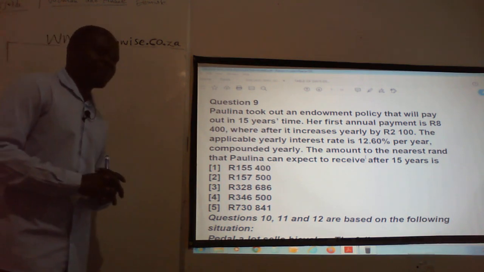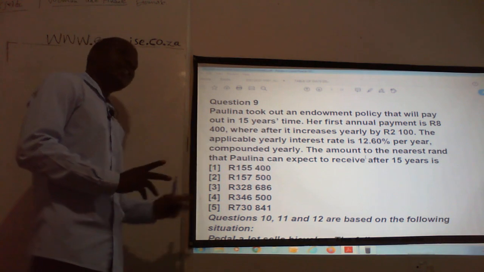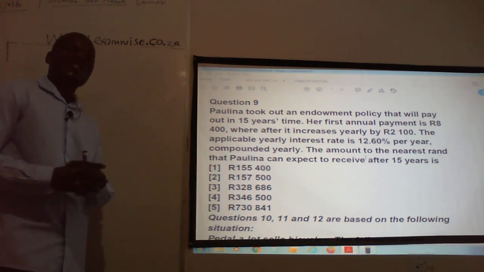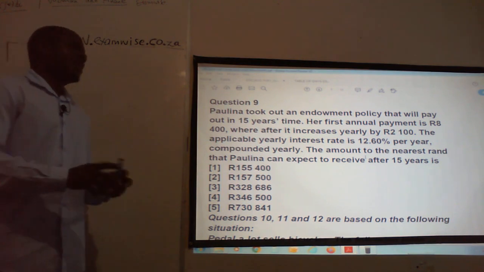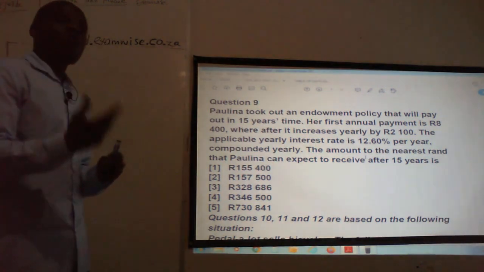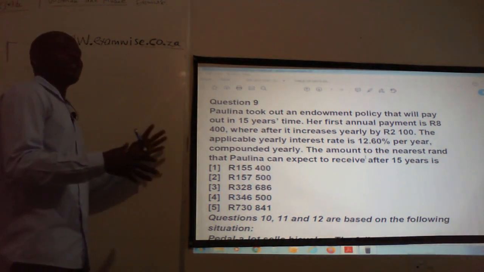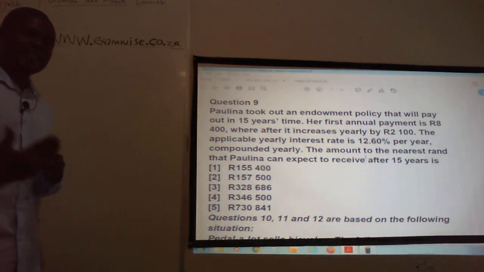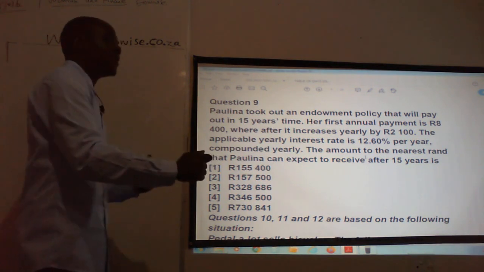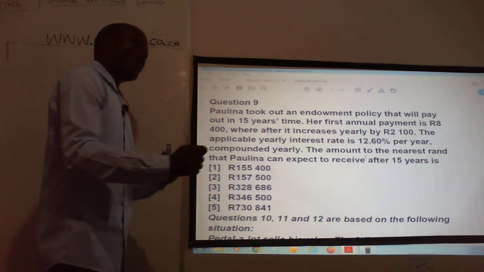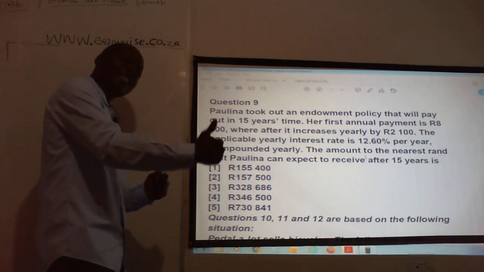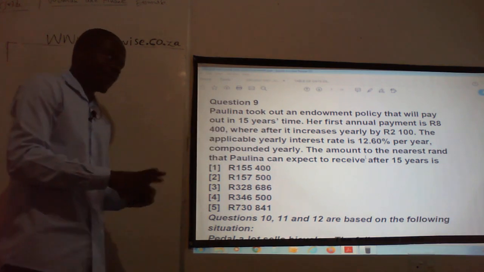And if you still remember, under our annuities, we differentiate between an ordinary annuity and an annuity due. But the payments which were being made were equal. We never had an increasing payment; each and every payment made was the same.